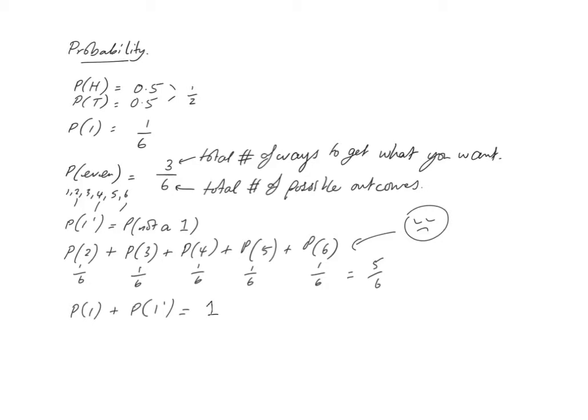If I want to work out the probability of not a 1, I can take away the probability of 1 from both sides, and I get the probability of not a 1 equals 1 minus the probability of getting a 1, which is 1 minus 1 over 6, which is 5 over 6. Yes.